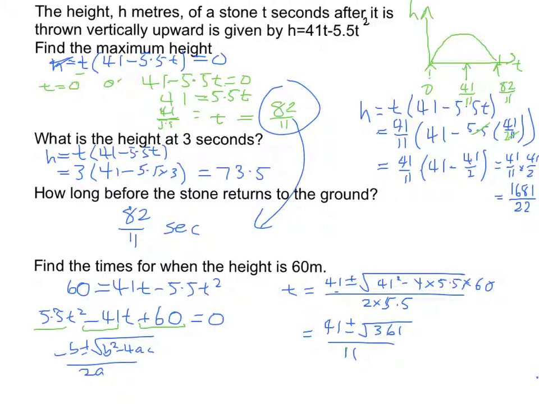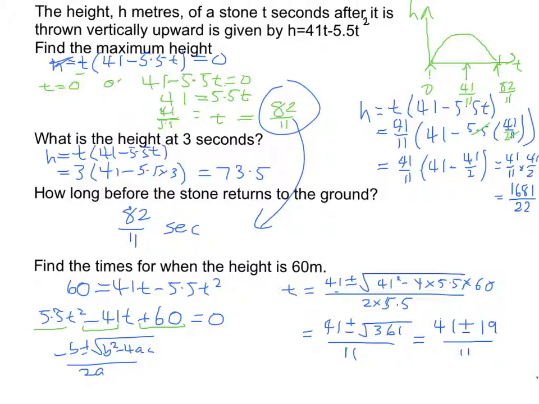And if I take the square root of 361, that's actually equal to 19. So that'll be equal to 41 plus or minus 19 over 11.